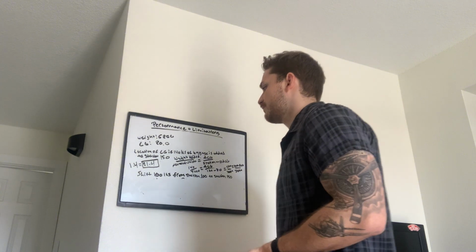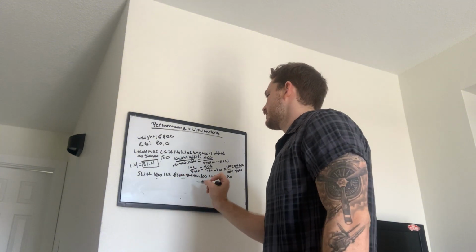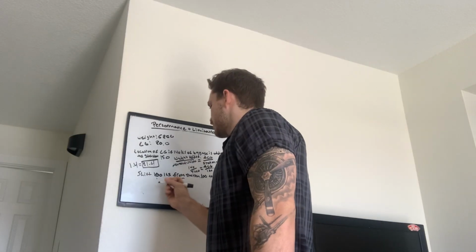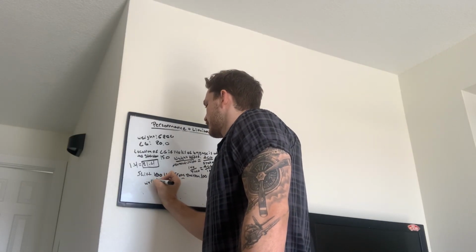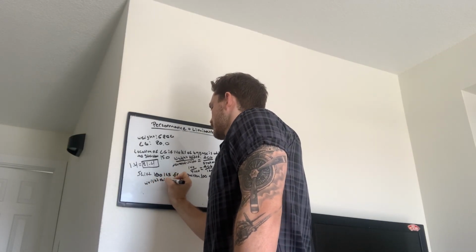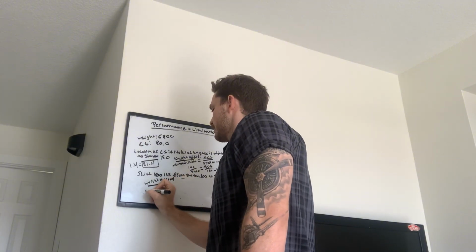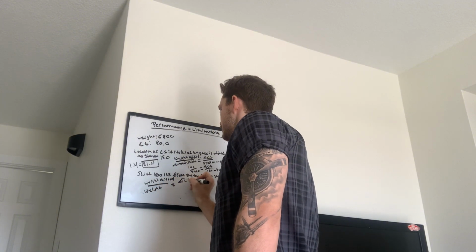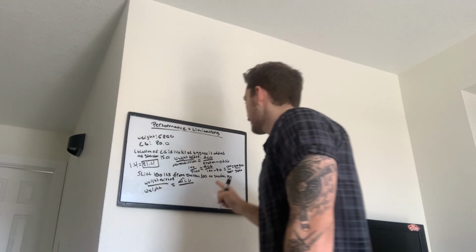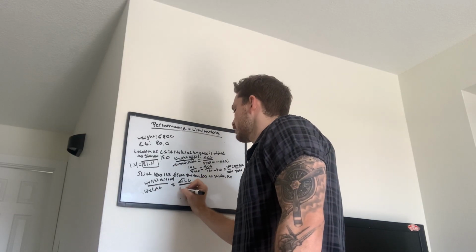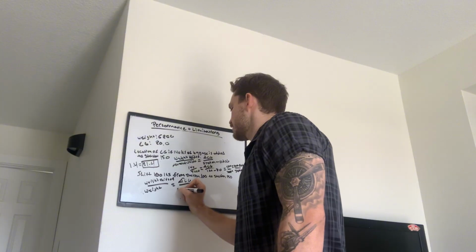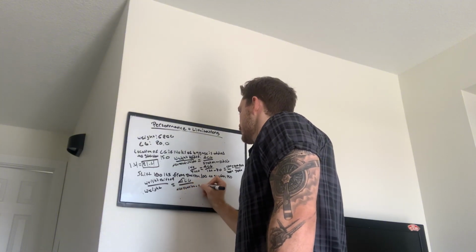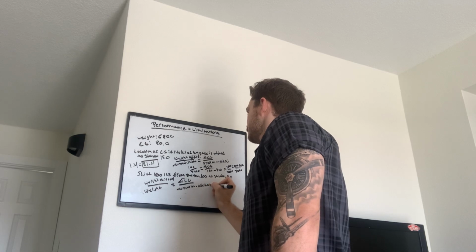So now we have a weight shift formula. So we want to shift 100 pounds from station 100 to station 150. So the weight to be shifted divided by the weight of the aircraft is going to be equal to the change in CG divided by our new station minus the old station.